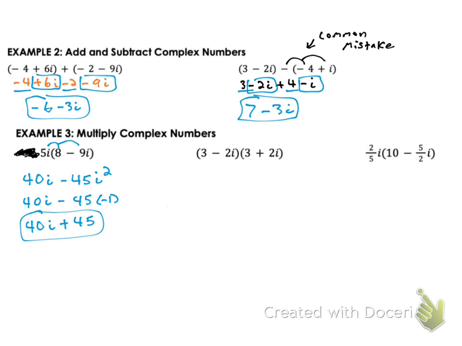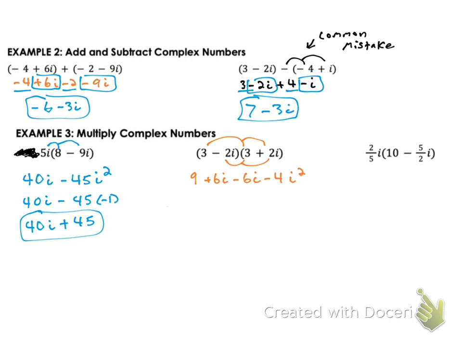Next example. We have a binomial times a binomial. What do we do when we have a binomial times a binomial? We FOIL. First, 9. Outer, 6i. Inner, negative 6i. Last, negative 4i squared.